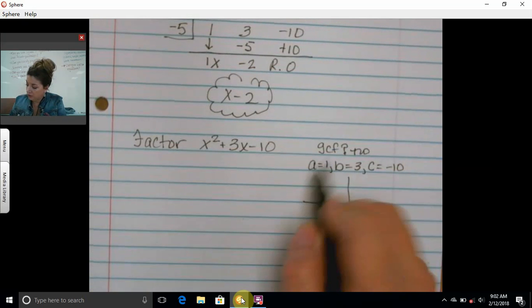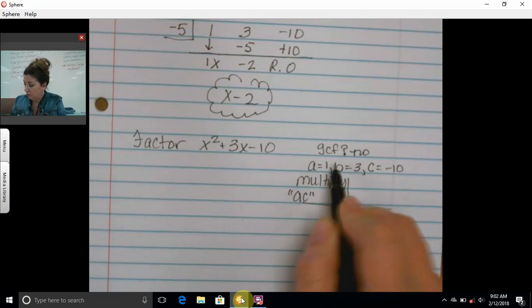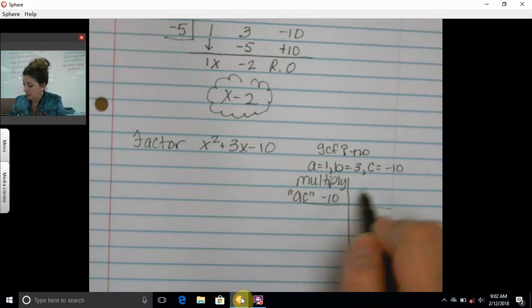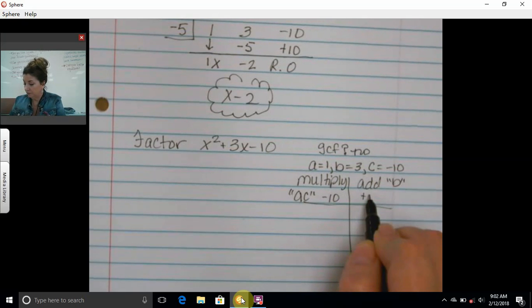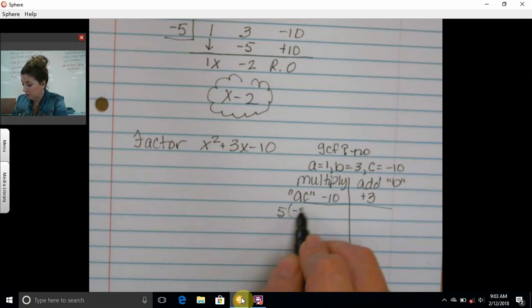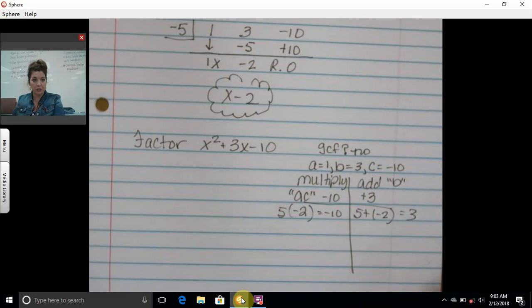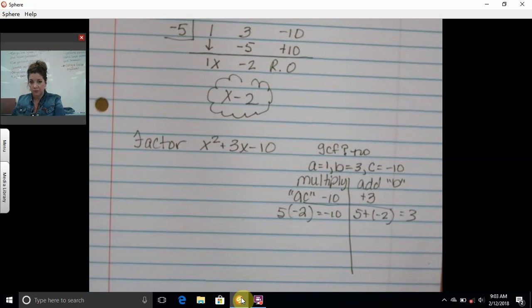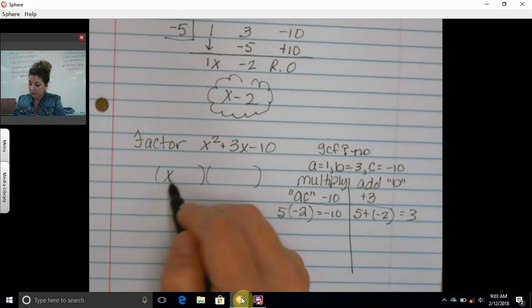I need two numbers that multiply together to give me A times C, which is negative 10, and add to get B, which is positive 3. Y'all have any ideas? Alright, 5 times negative 2 is negative 10, and 5 plus negative 2 is positive 3. So that works. So in your parentheses, you'll have x plus 5 and x minus 2.